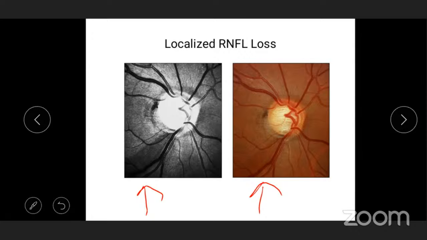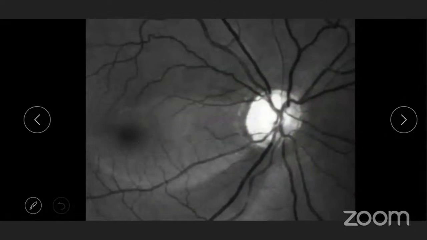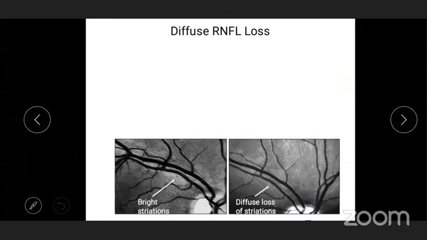What I told you earlier: if the inferior part of the nerve is showing changes, please think of glaucoma. So you can have an obvious RNFL defect with the red-free photograph. And look at this, the inferotemporal wedge-shaped defect in another patient, very well seen with the red-free photograph or the red-free filter.